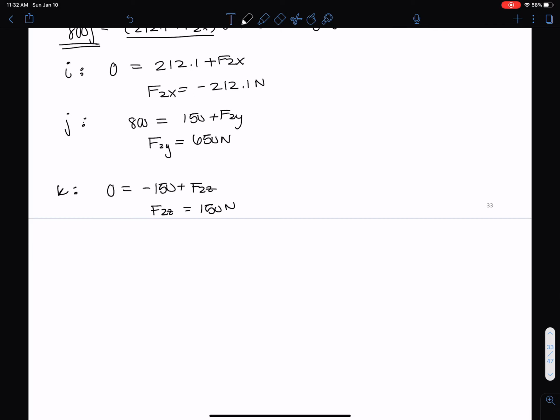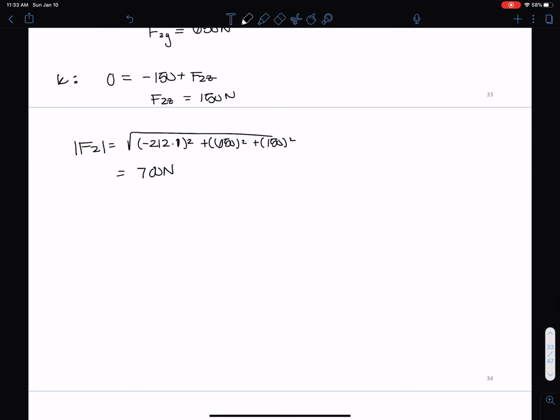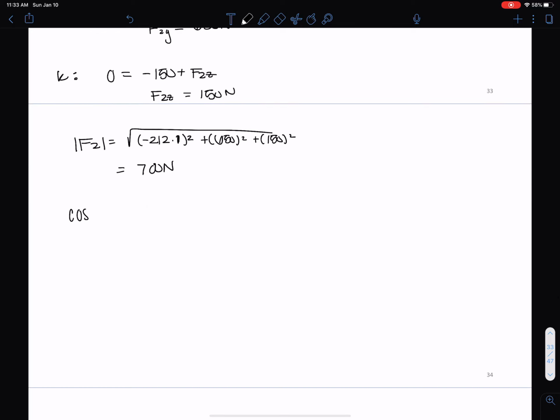Now I can get the magnitude of F2 by taking the square root of negative 212.1 squared plus 650 squared plus 150 squared, and I get 700 newtons. And I can get all of my directions by using the direction cosines.